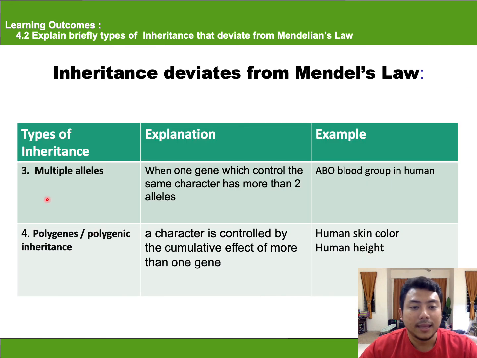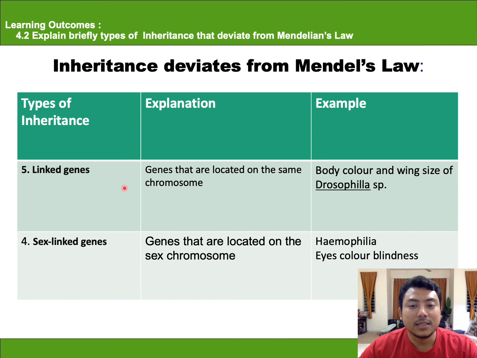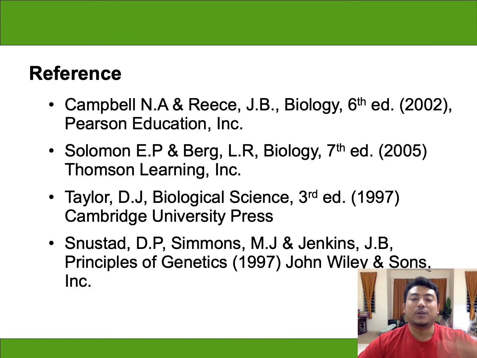Multiple alleles, shown by the ABO blood group in humans, and polygenes, such as human skin color and human height. Linked genes, the body color and wing size of Drosophila melanogaster, and sex-linked genes, as mentioned, hemophilia and color blindness. Alright, that will be all for this chapter.